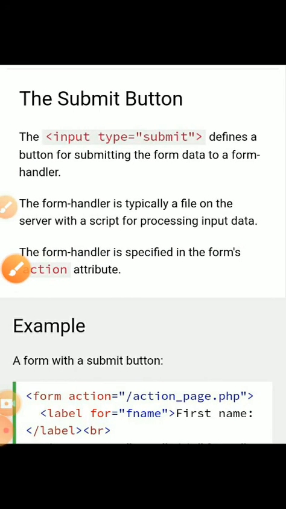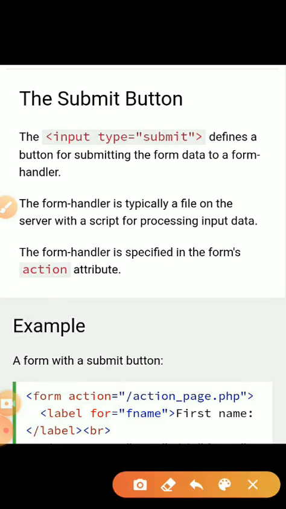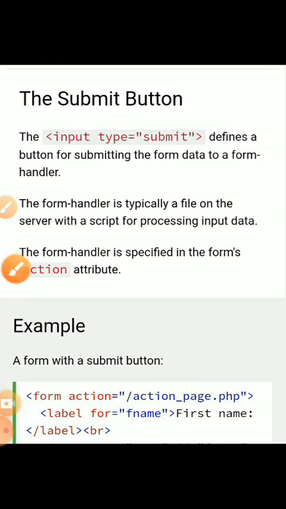Now the submit button. The submit button actually submits the data. A form handler is typically a file on the server with a script for processing input data. The form handler is specified in the form action attribute. So with form action, your form will be active.